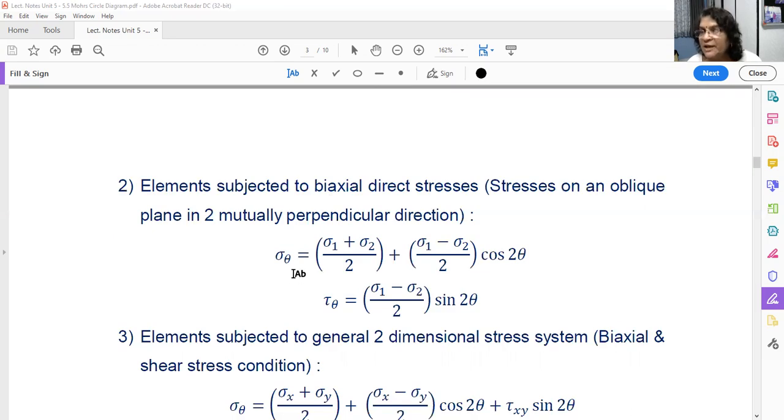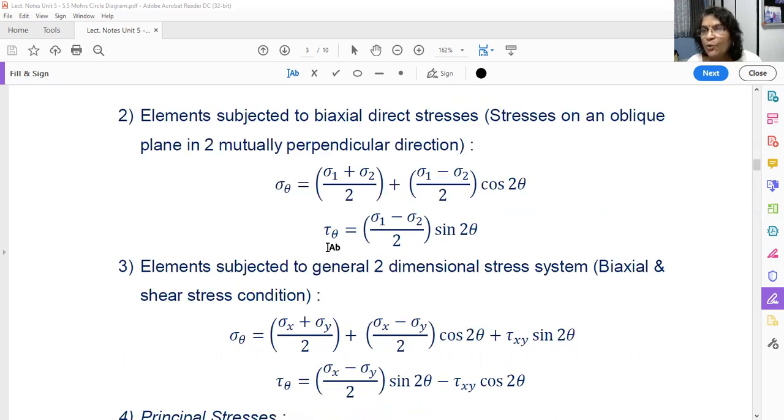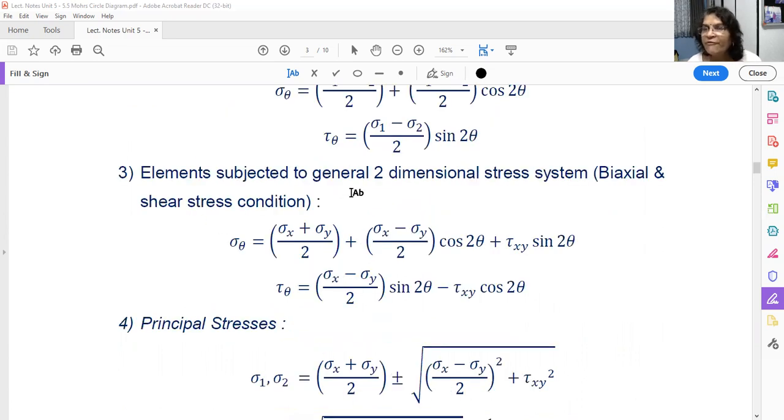Sigma theta, that is sigma n, is equal to (sigma 1 plus sigma 2) by 2 plus (sigma 1 minus sigma 2) by 2 into cos 2 theta. And tau theta, or tau n, is equal to (sigma 1 minus sigma 2) by 2 into sine 2 theta.